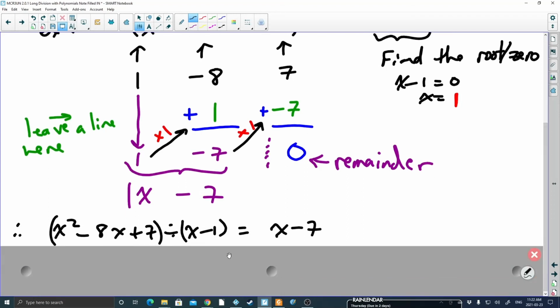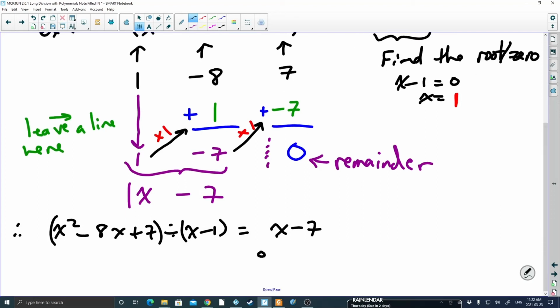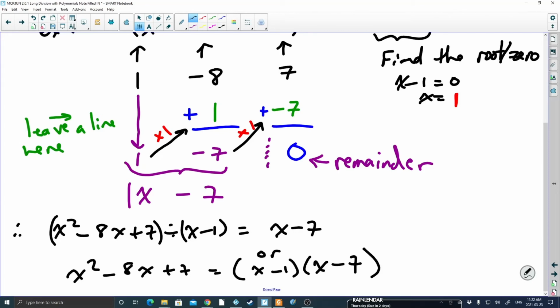In other words, x squared minus 8x plus 7 can be written as x minus 1 times x minus 7, which we could have done by just factoring. Factoring this quadratic, two numbers that multiply to 7 and add to negative 8 would be negative 7 and negative 1, and that gives me those two roots as well. But I wanted to show you with something that you're familiar with first before we start getting into higher order polynomials. And that's how synthetic division works, okay?